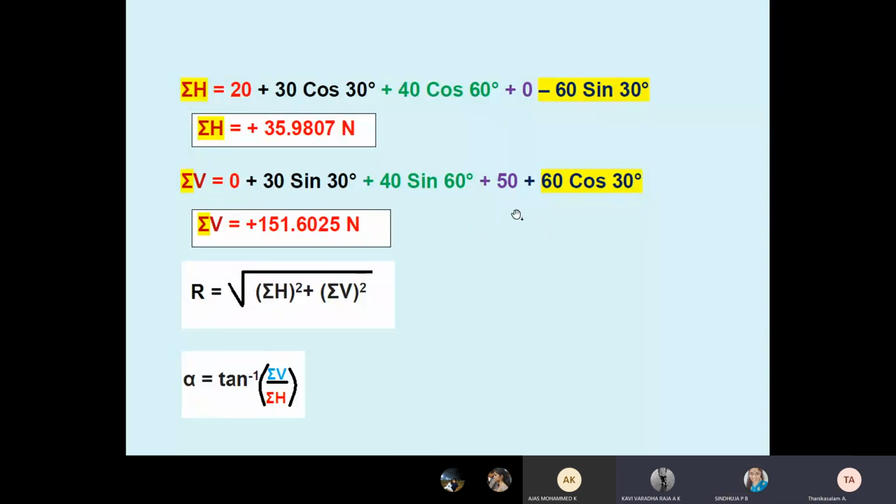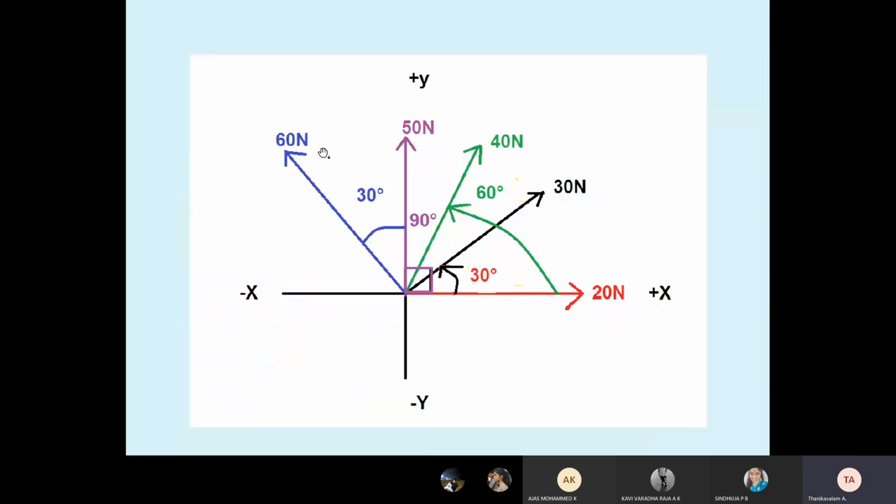So you have to decide, for any inclined force, whether it is cos or sin. I have clearly given the diagram. Don't confuse. Don't always take x-axis as cos and y-axis as sin. Sometimes you reverse based on theta. The axis where theta lies, that component is cos. Here the 60 Newton is with respect to the y-axis.